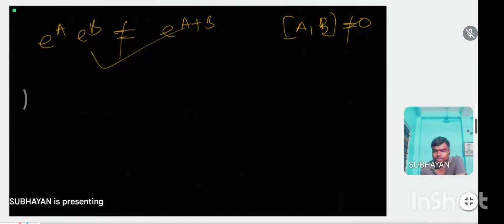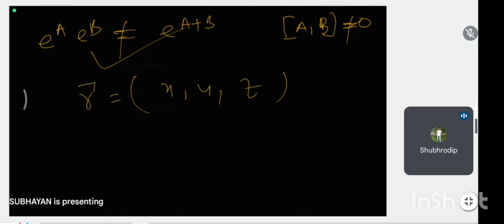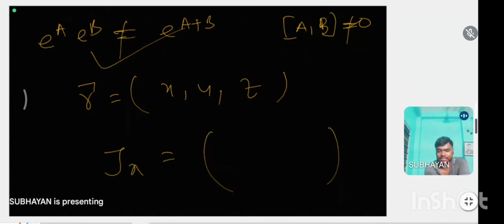Why? Because any vector can be written as a row or column matrix. Suppose the vector R. But for Jx it is a square matrix, a 3 by 3 matrix.